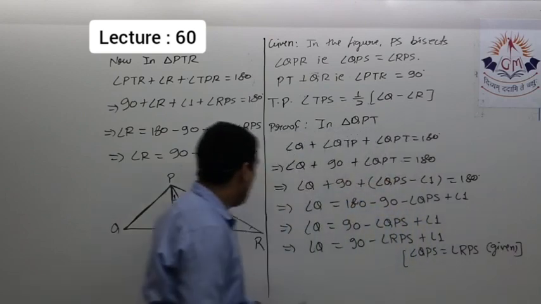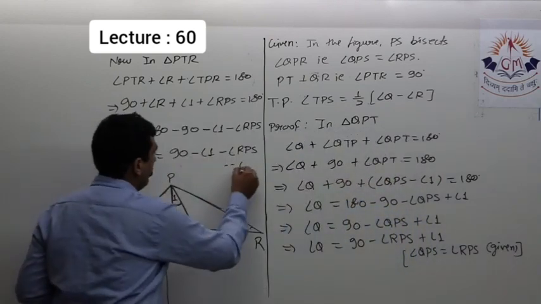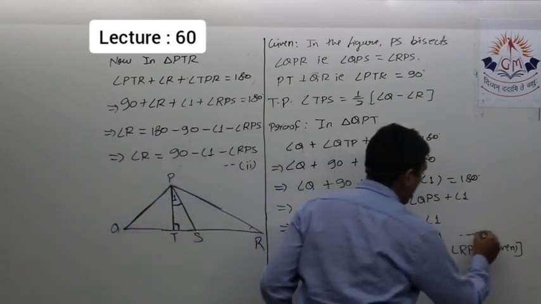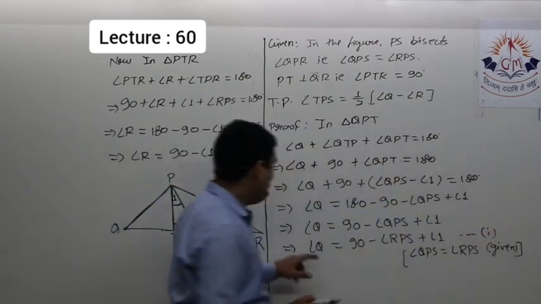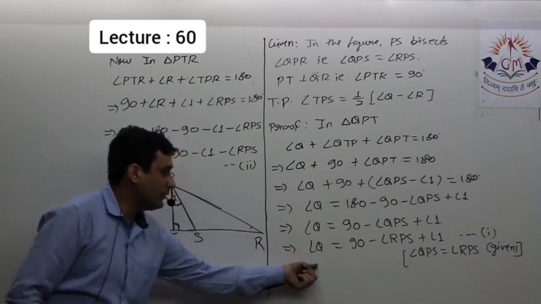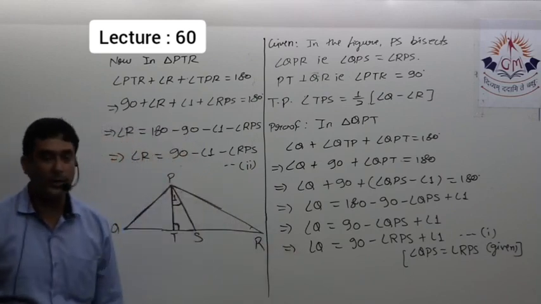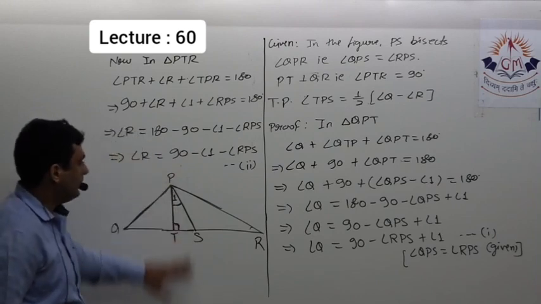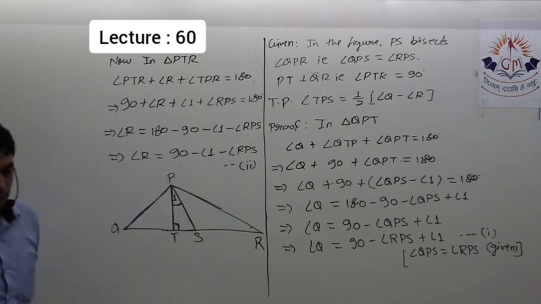So now I have the value of angle R as well as the expression for angle Q. Now simply if I do equation 1 minus equation 2, I will get my answer. So please note it down, then we'll see the further solution.